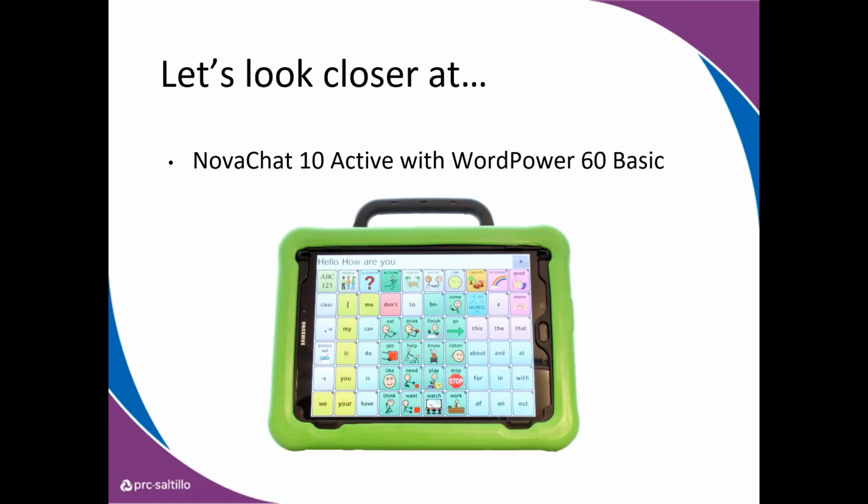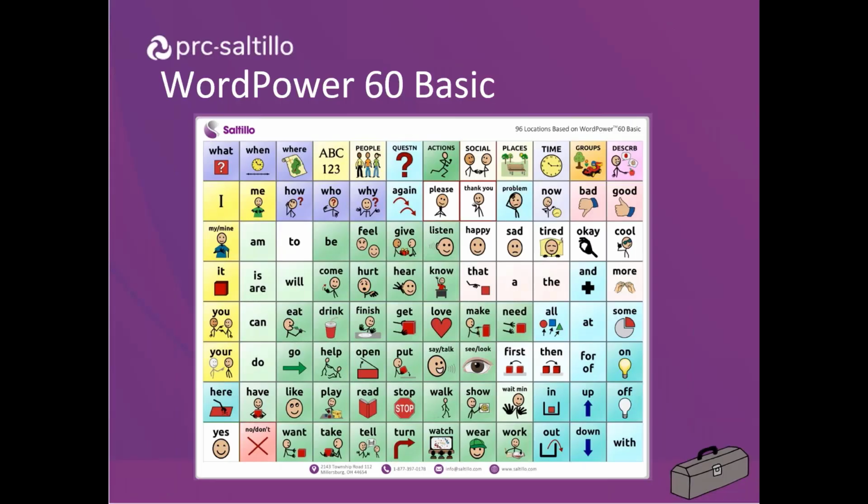He's seen our WordPower 60 Basic low-tech board at school and knows how that's organized. And so similarly in your handouts, you have a WordPower 60 Basic manual board here. It does say 96 locations because it does have those question words, some social phrases, and more core action words right here on the main page.